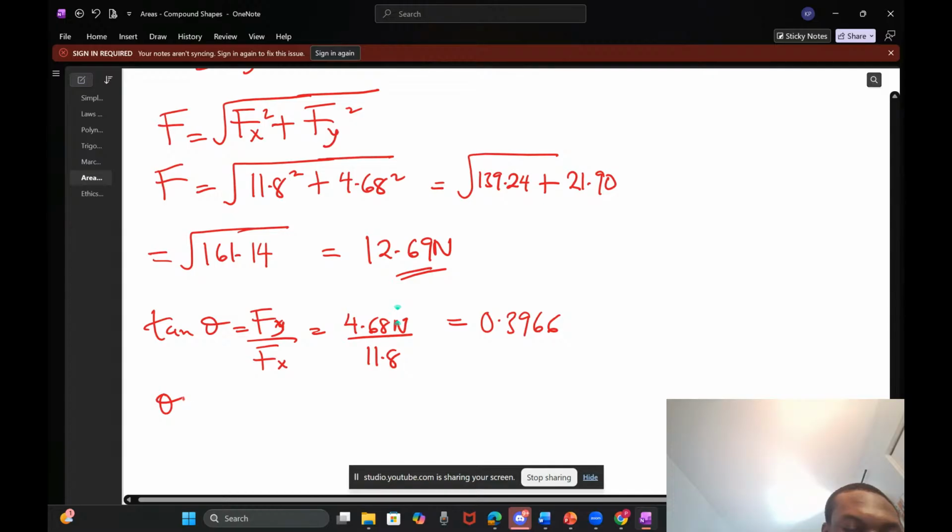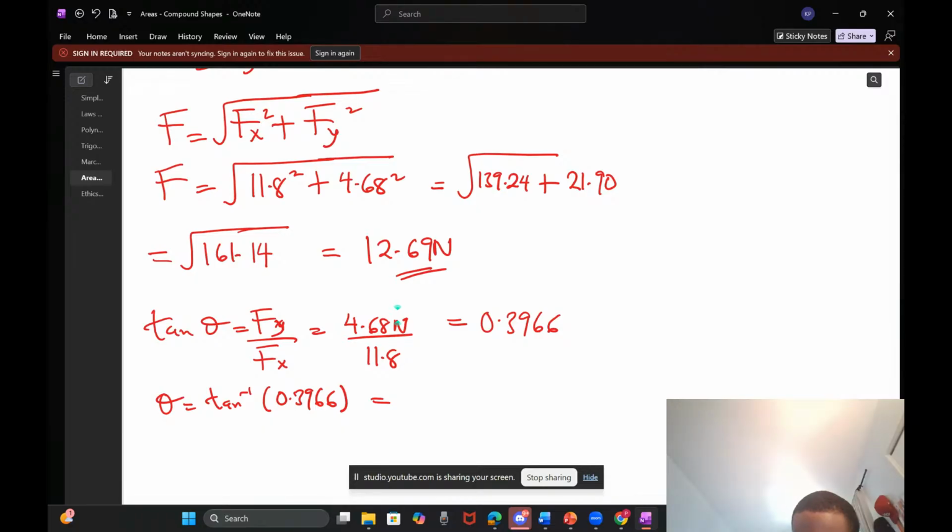So theta is equal to arctan 0.3966. So that will be 21.6 degrees. So that's the answer to that question.